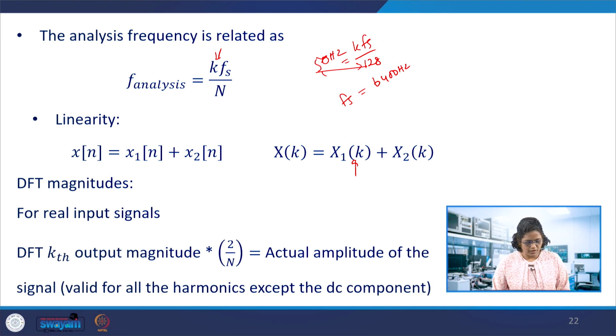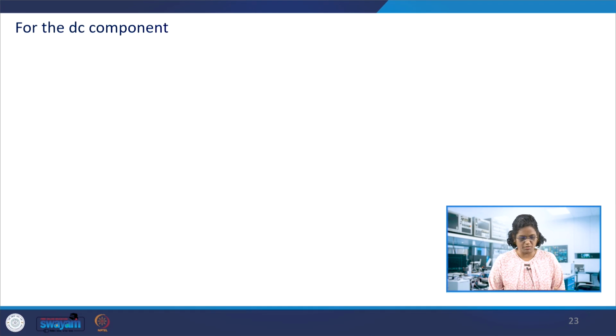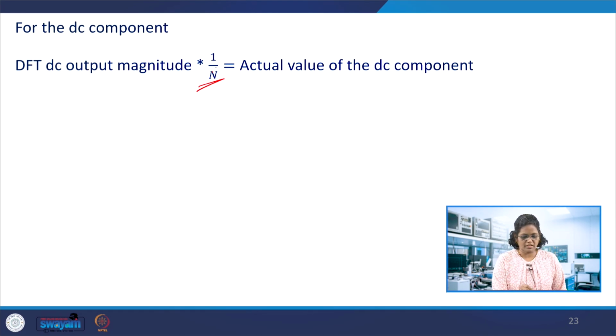As for DFT magnitudes for a real input signal, for the kth output the magnitude for the fundamental, in our case 4 into 2 by n, gives the amplitude of the signal, which is valid for all harmonics except the DC component. 4 into 2 by n gave 1, and the second harmonic gave 2, and 2 into 2 by n gives 0.5, n being 8 in that case. The phase information was with respect to the fundamental pi by 2, as we observed in the phase information. For the DC component, this factor is 1 by n to get the actual value of the DC component.